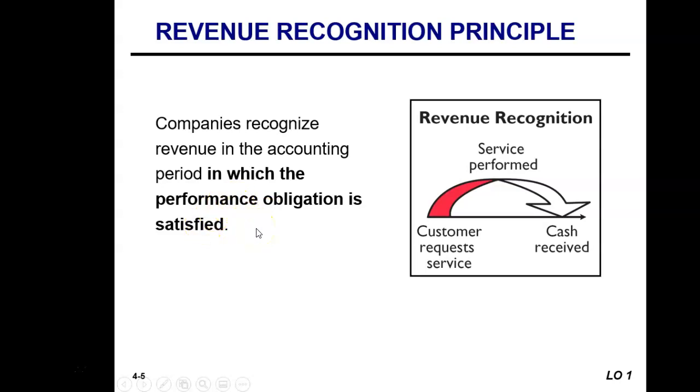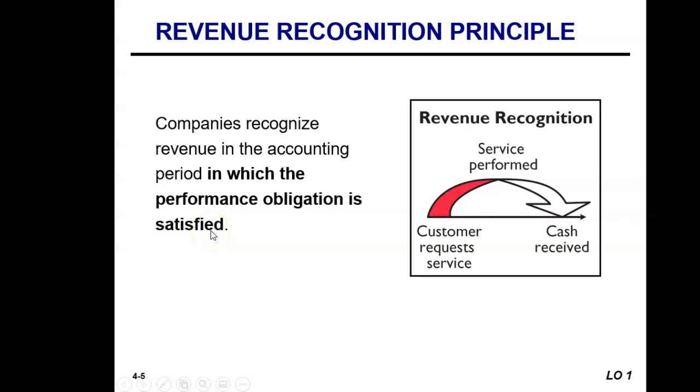Perhaps you're saying, what does that mean? I am glad you asked that question. We're saying that some type of obligation has been satisfied for the actual consumer, meaning that perhaps I provide you with an actual service. If I perform the service and you're satisfied with that service, then at that point in time, I'm able to recognize revenue.